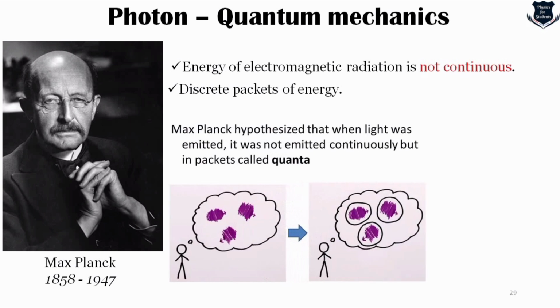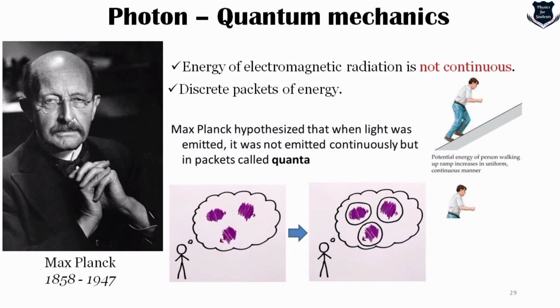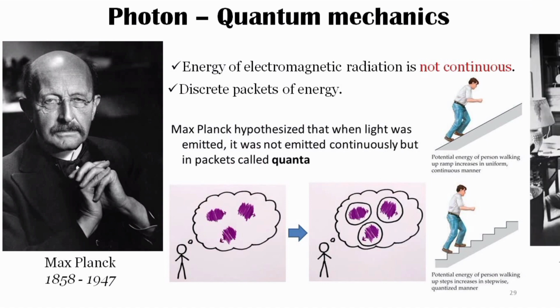Max Planck hypothesized that when light is emitted, it is not continuous, but rather contains certain quanta. This is a nice demonstration: the potential energy of a person walking up a ramp increases uniformly, however, walking up stairs or steps takes place in a quantized manner. This is basically what Max Planck found out.